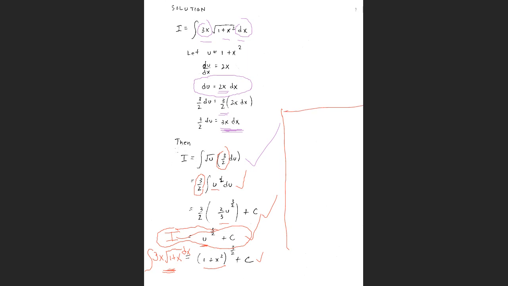And so it turns out that the antiderivative of 3x times the square root of 1 plus x squared dx is just going to equal 1 plus x squared to the 3/2 plus a constant.